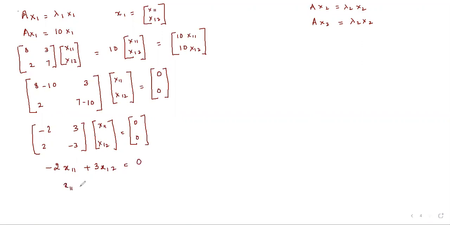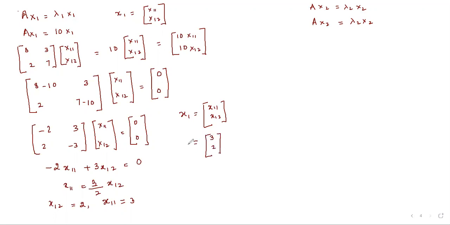Solving it, we take it on this side, so we get x11 equal to 3 by 2 of x12. If x12 is a multiple of 2, the first multiple I'm taking, the next one becomes 3. So we have x1 equal to x11, x12, which is going to be 3, 2.